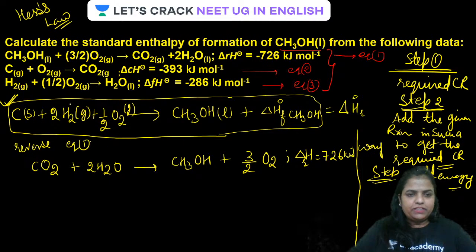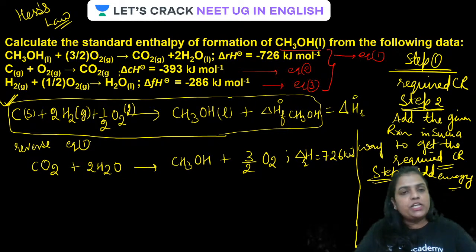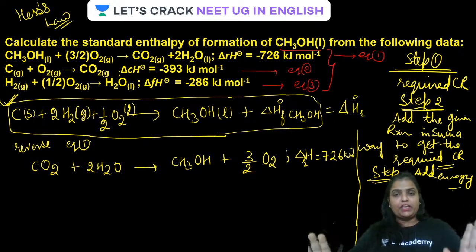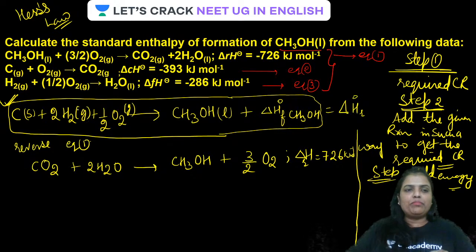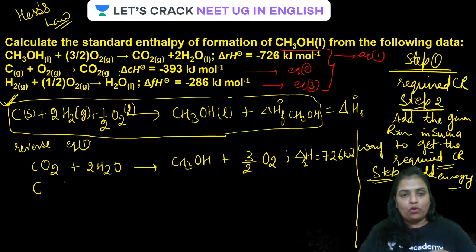So here the second reaction required is: carbon and hydrogen are both present on the left hand side in equations 2 and 3 respectively, and in the required equation as well. So we'll simply write it this way, looking at the stoichiometry required as per the required reaction. For example, 1 mole of carbon is required, so equation 2 will be written as it is because it is for 1 mole of carbon.